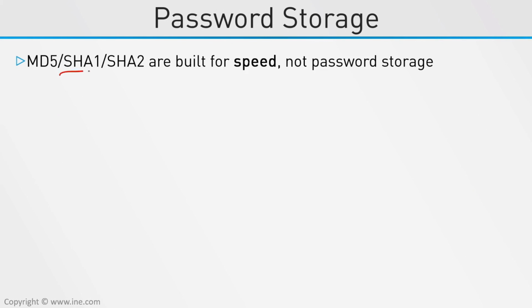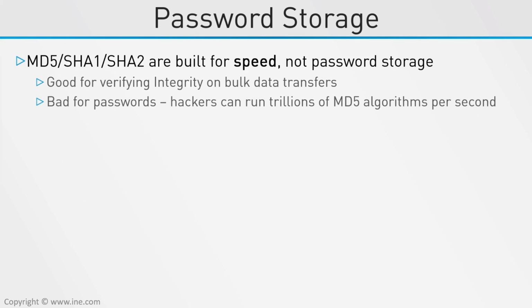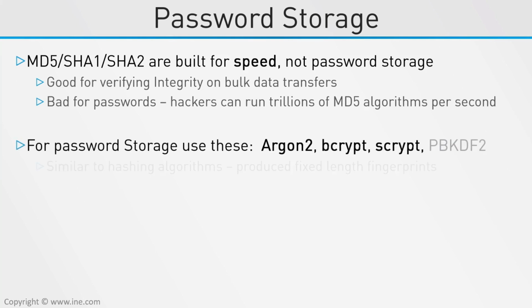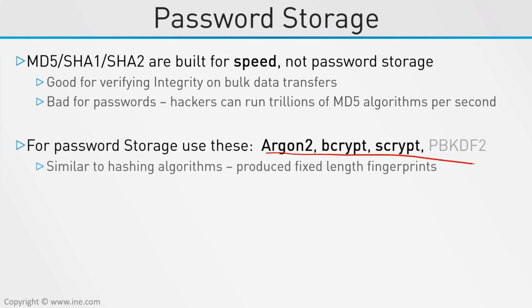MD5 and SHA or SHA-2 or even the SHA-3 family are built for speed, which makes them really good for validating integrity on bulk data transfers, but not so good for password storage, because since they are so fast, it allows hackers to create lookup tables at a very high rate, because they can run billions and billions of these algorithms per second. An ideal hashing algorithm for password storage would be one of these.